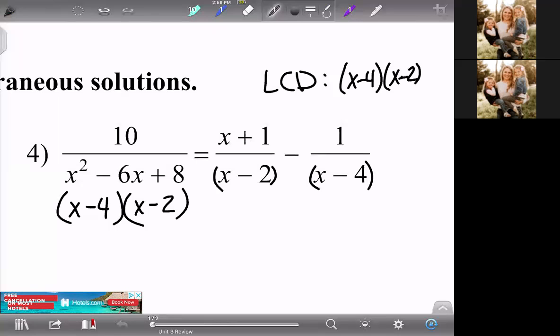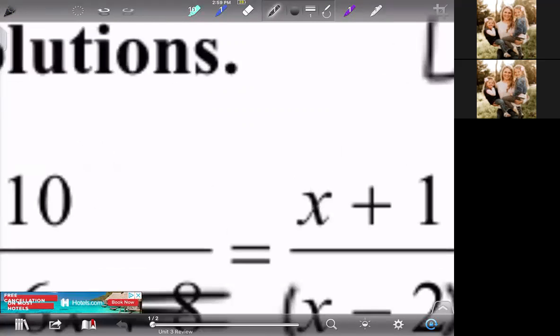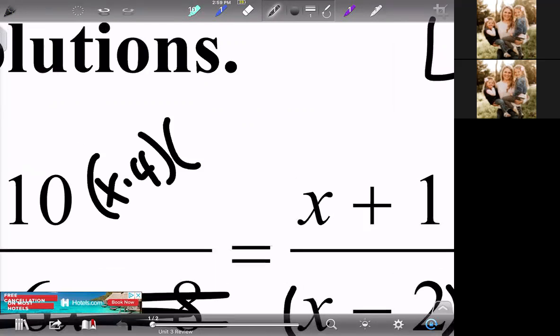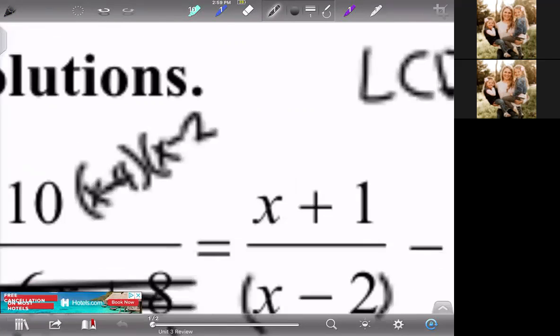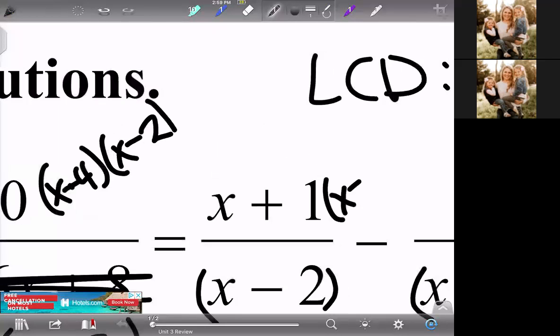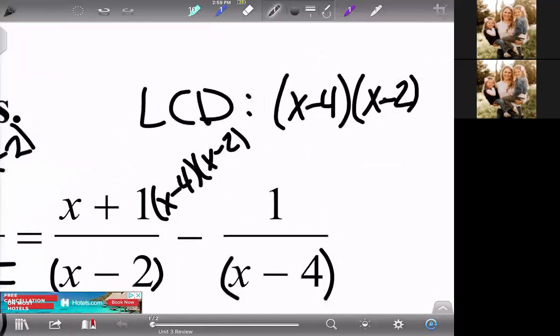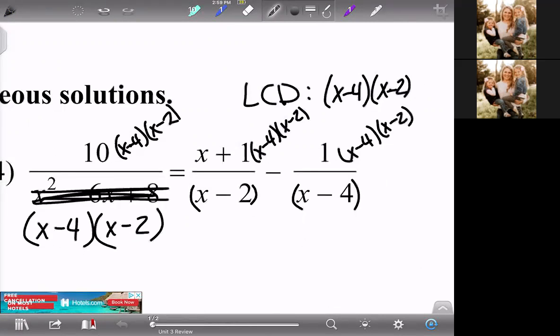So now we're going to go through and we're going to multiply every single term by the least common denominator. So we're going to multiply by x minus 4, x minus 2. And we're going to do that again all the way across.